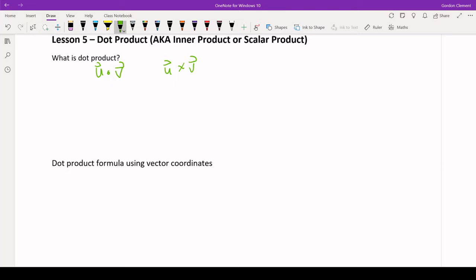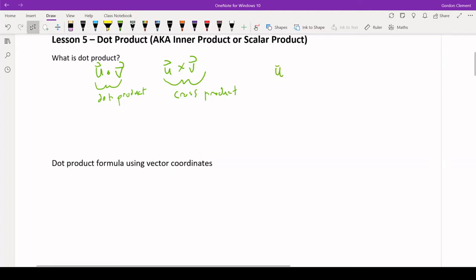We have a dot product, which usually uses the dot symbol for multiplication, and we have what's called a cross product, which uses kind of what you would normally think of as the X multiplication symbol. Even though they both have the word product in their name, they are not multiplication as you think of multiplication.